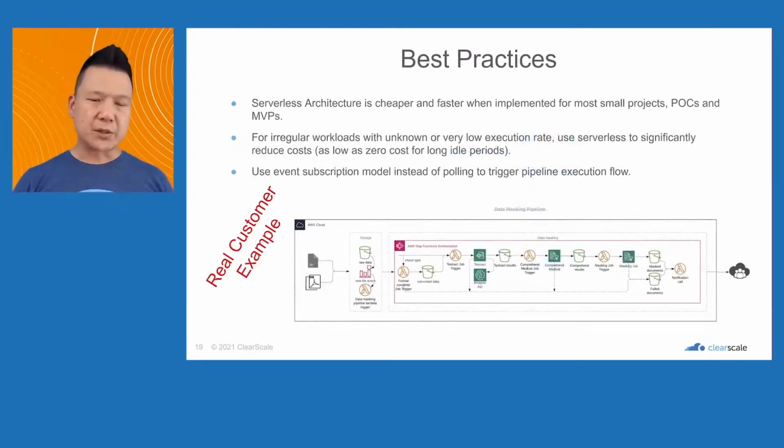So one of our best practices when designing architectures is to think as serverless as possible, especially for irregular workloads, right? Where the workload is unknown, or is very spiky, or even has a low execution rate. You can use serverless to significantly reduce costs for idle periods. We also highly recommend using an event subscription model instead of polling.